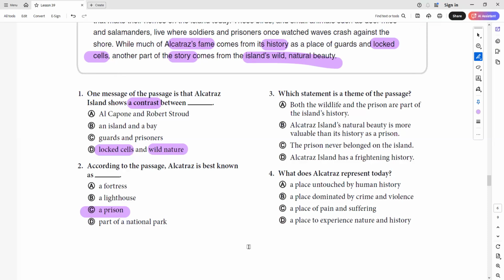Which one is a theme? 还是它的其中一个主题。A, okay. A, right? Yes, A. Both the wildlife and the prison are part of the island's history. Yes.